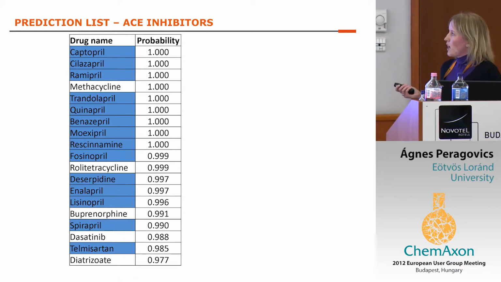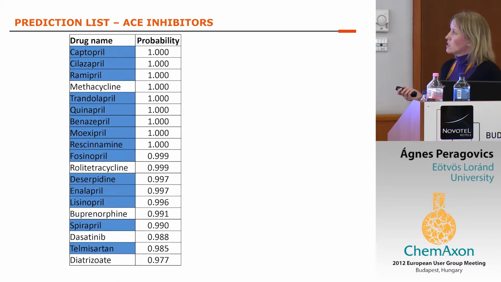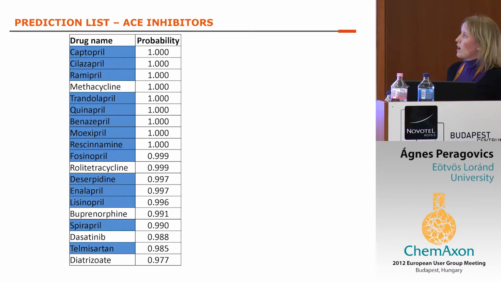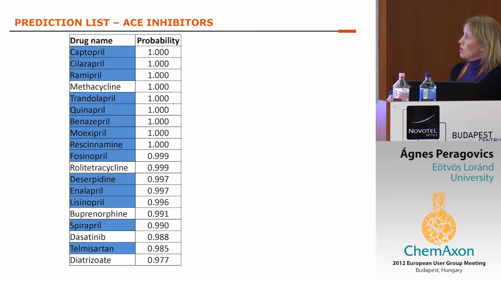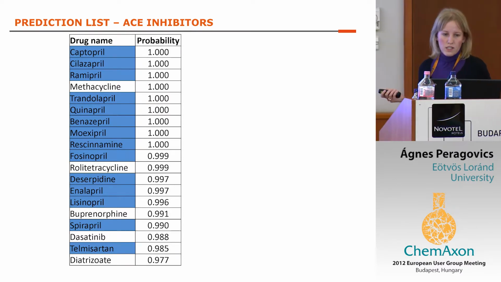I use here the same colors as in the effect profile matrix. So blue marks that this effect was already known for the molecule, and white means that it was not registered as an ACE inhibitor.